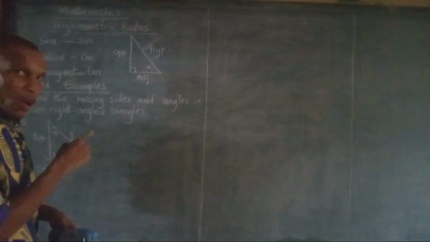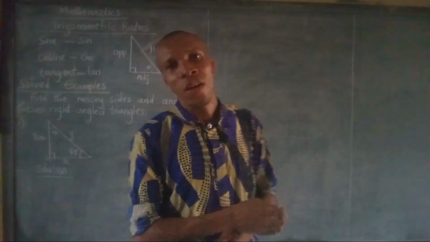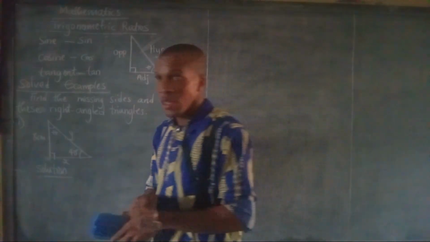Solution. Starting with the missing angle, it's very easy to find. Why? In every triangle, the sum of the total angles equals 180 degrees. So to find this angle, we can say theta plus 40 degrees plus 90 degrees equals 180 degrees.